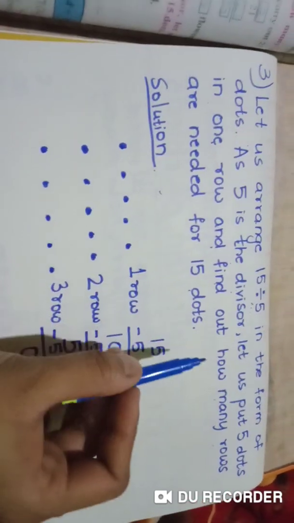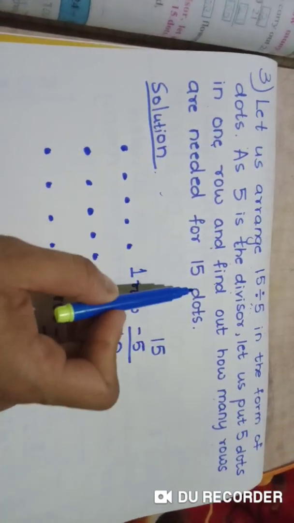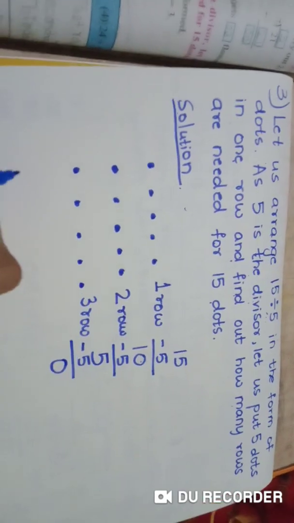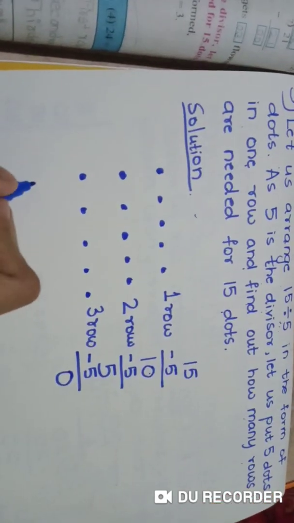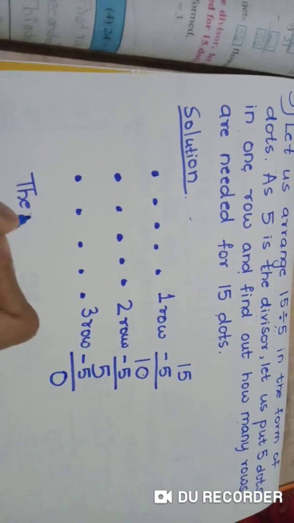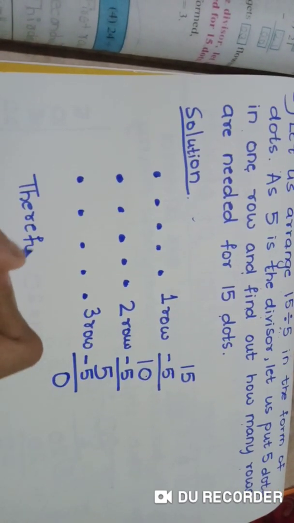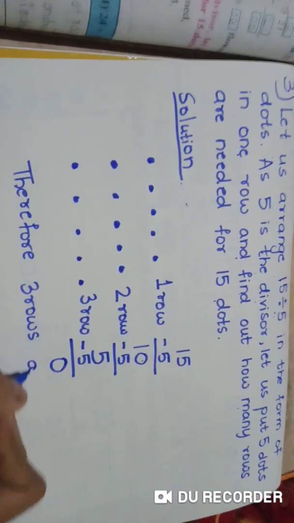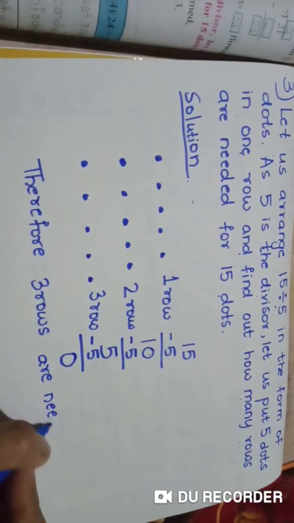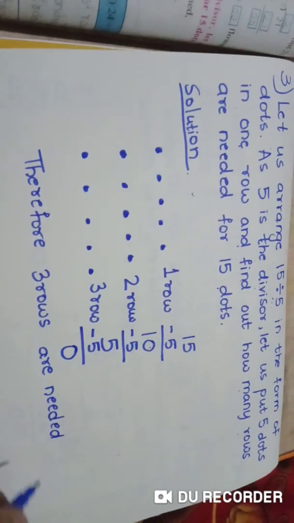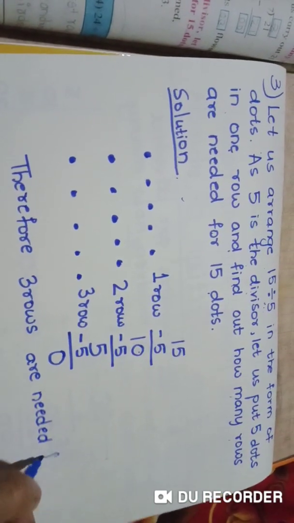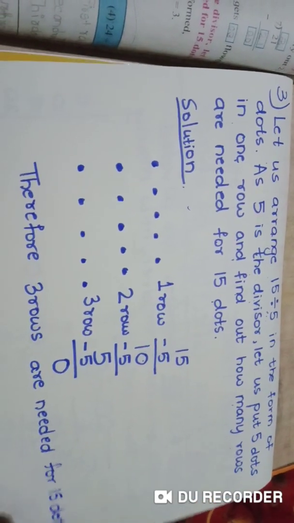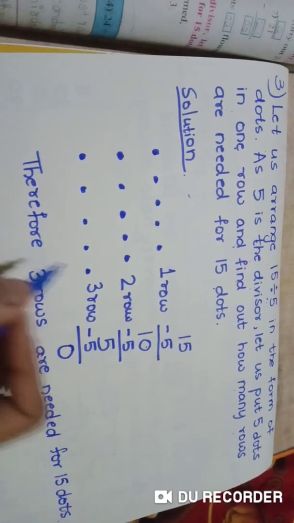Therefore, how many rows are needed for 15 dots? 1, 2 and 3 rows are needed. Therefore, three rows are needed for 15 dots. Have you all understood?